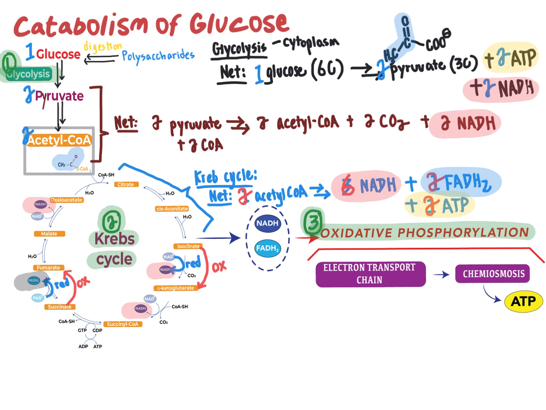Oxidative, as the name implies, requires oxygen. It also occurs within the mitochondria of the cell and consists of the so-called electron transport chain and chemiosmosis to ultimately generate a tremendous amount of ATP through a variety of oxidative processes. So, what goes into oxidative phosphorylation is NADH and FADH2, and guess what?